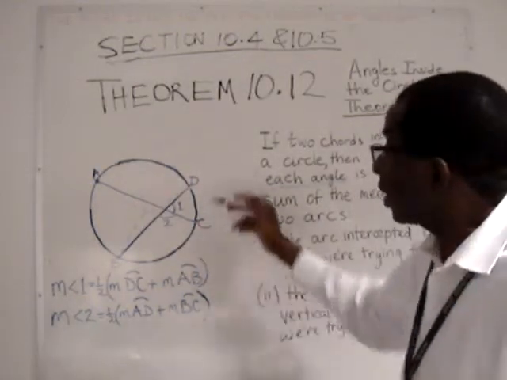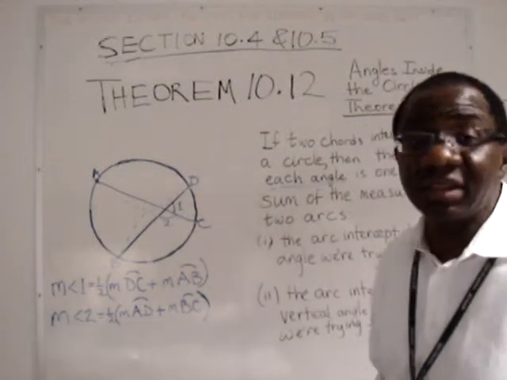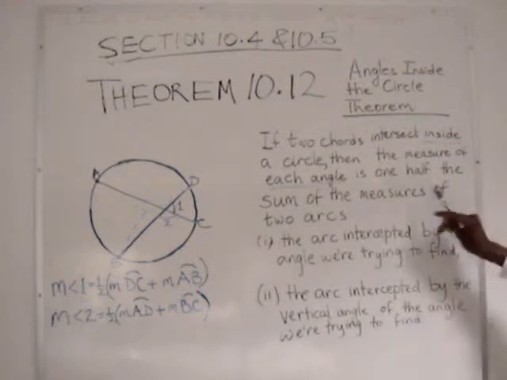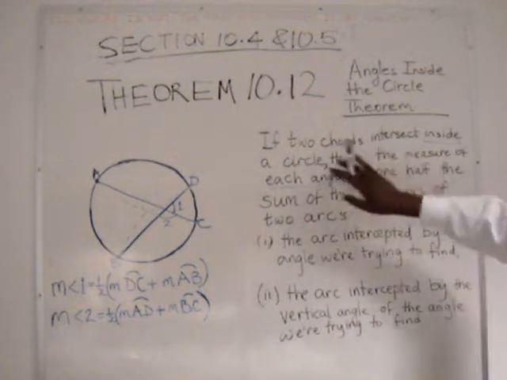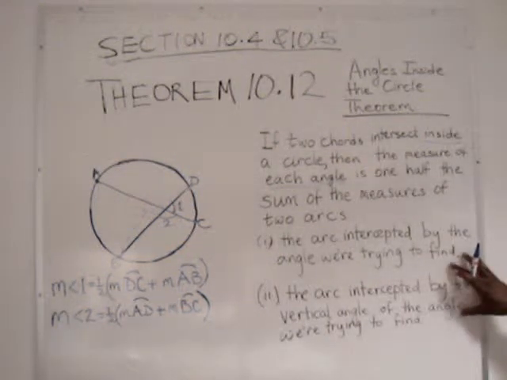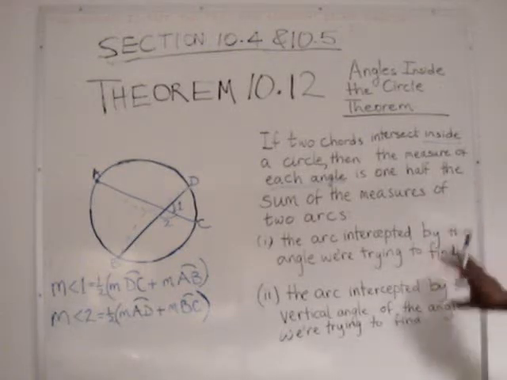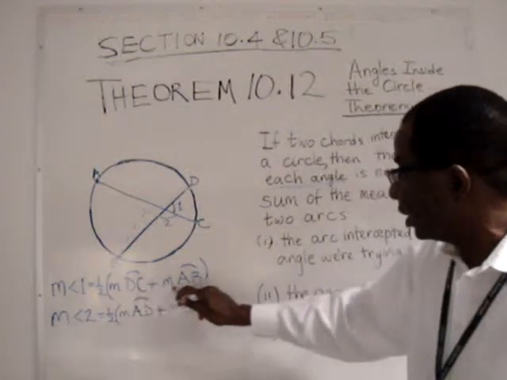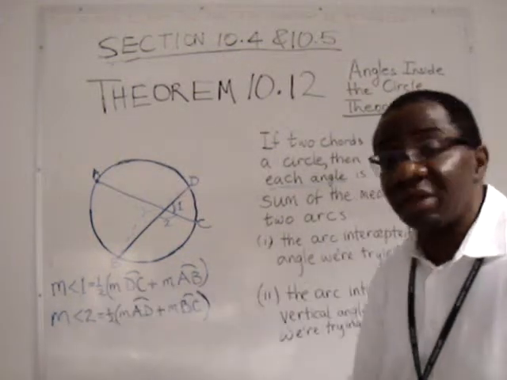But the measure of those two arcs goes back to the center of the circle. So for each of the angles, what are your two arcs? Then what are the measures of each one of those two arcs? And then you sum them together and find half of it.